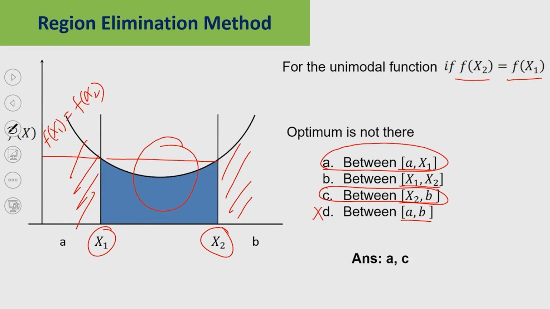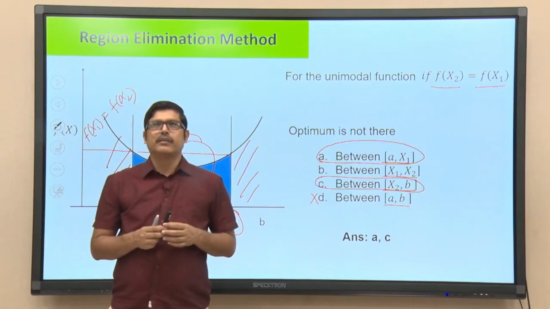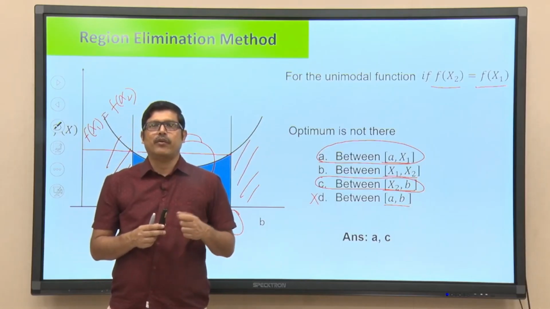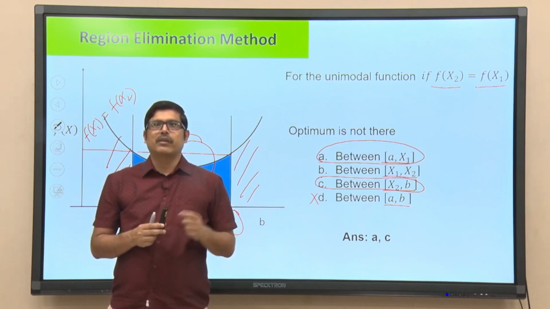Therefore, whatever methods we discuss, these methods are known as region elimination methods. Basically, we are trying to eliminate the region where optima is not there, and that is why this method is called region elimination method.